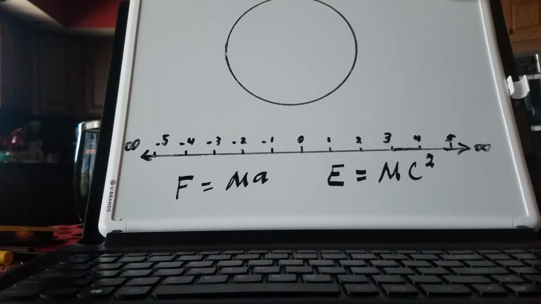So what we have in science and mathematics is simplifications that will explain a principle or a law in a very simplified form. Okay, so in physics, for instance, Newton came up with F equals ma, and everything in physics is based upon that very simple equation.